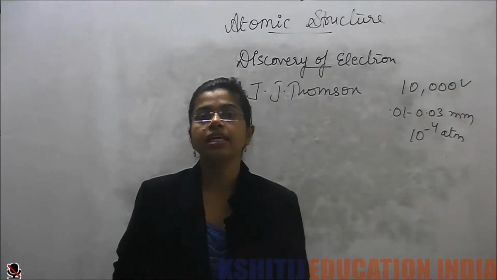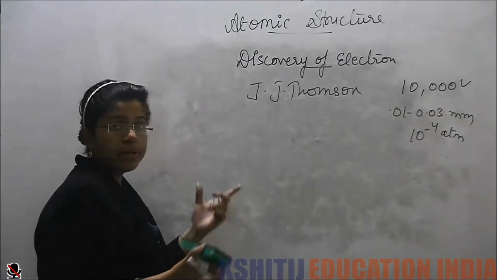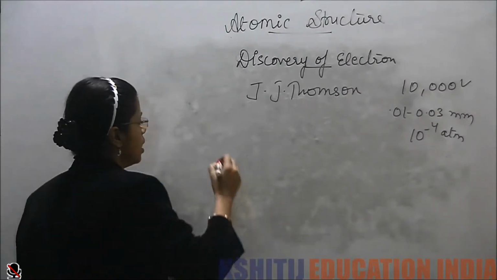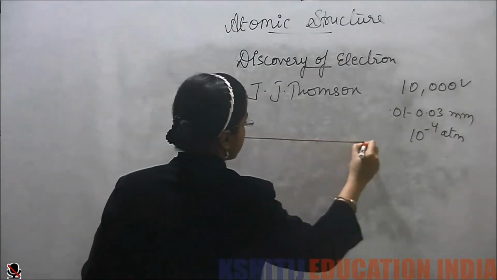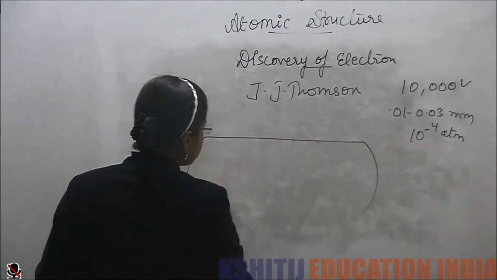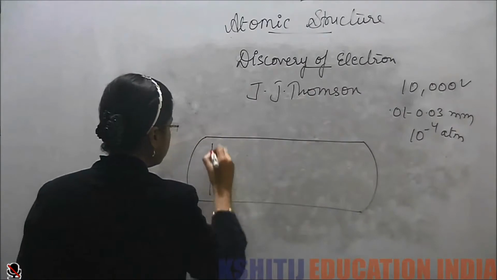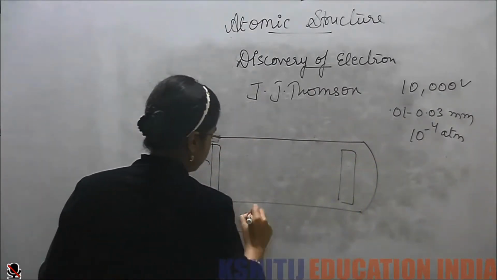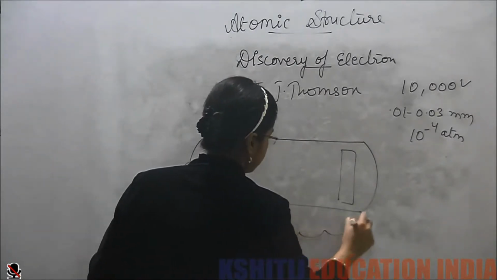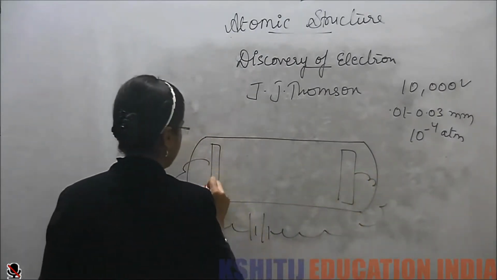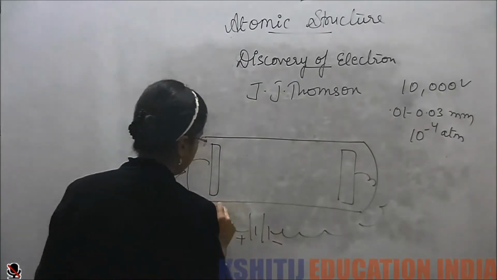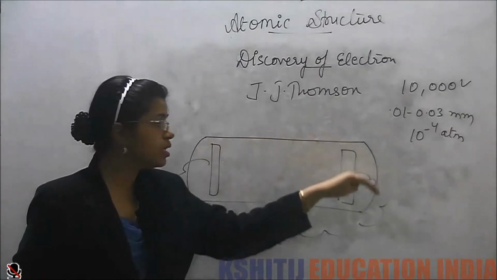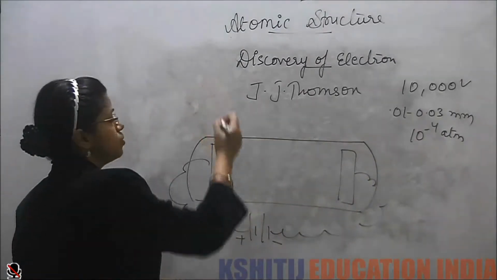Now if we see the apparatus which Sir J.J. Thomson used for the discovery of the electron, this is known as a discharge tube.